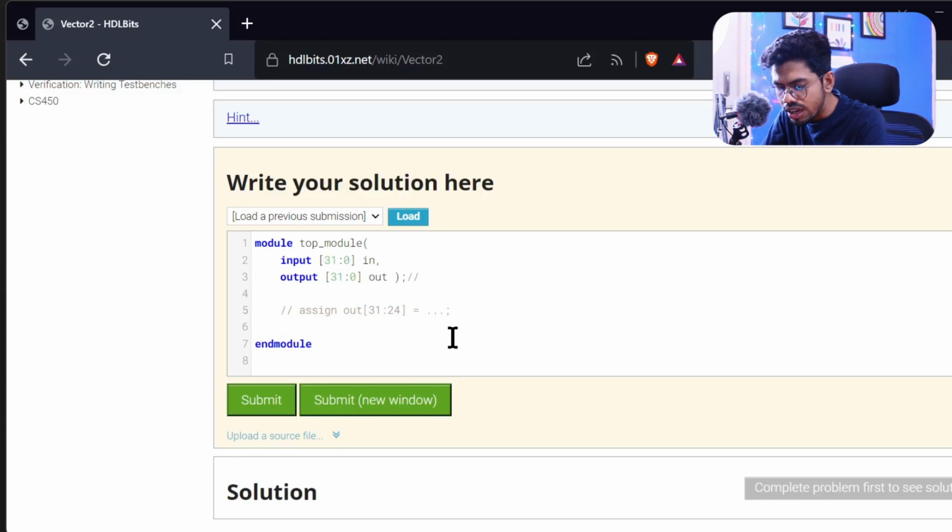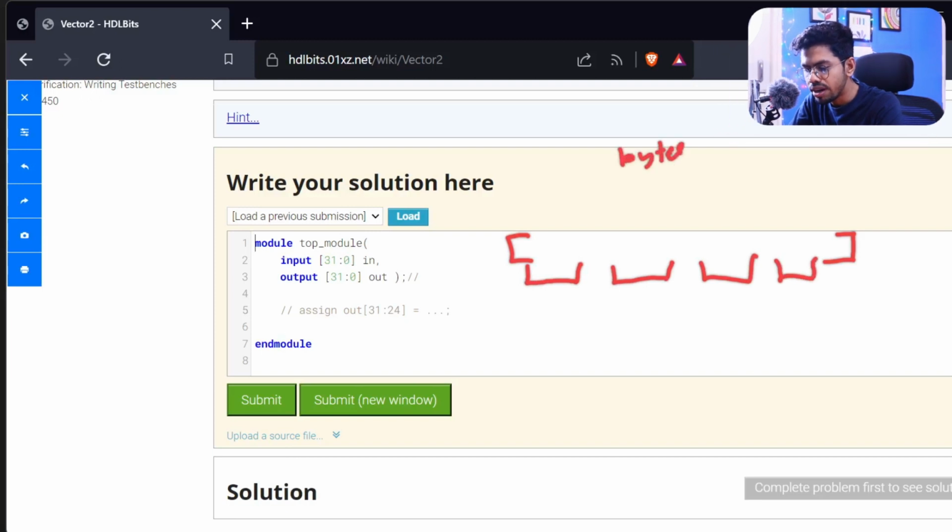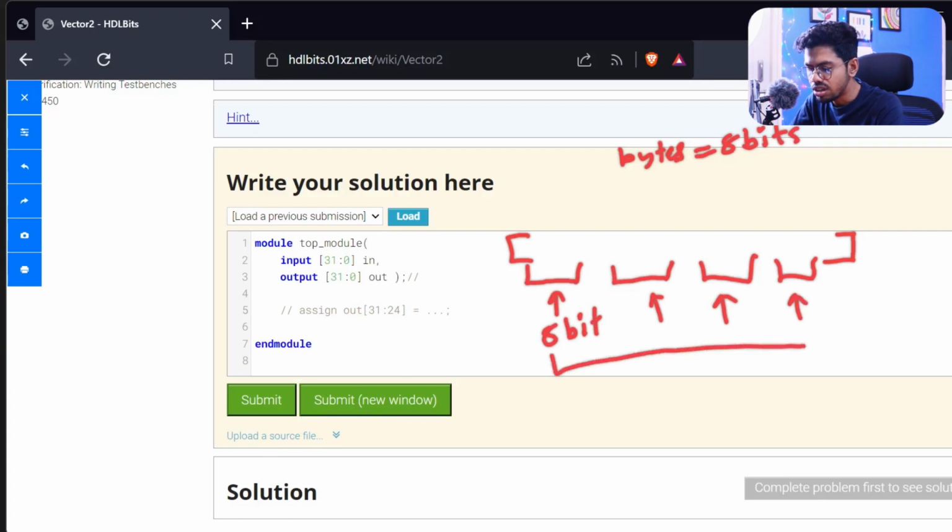So here we have a 32-bit input, and the 32-bit input has 4 parts of 8 bits. 1 byte is equal to 8 bits. I hope this is clear. So here you have 8 bits, and similarly here you also have 8 bits and 8 bits, but together you can tell that it's a piece of 4 bytes, right?